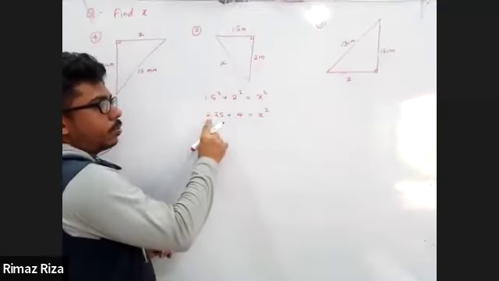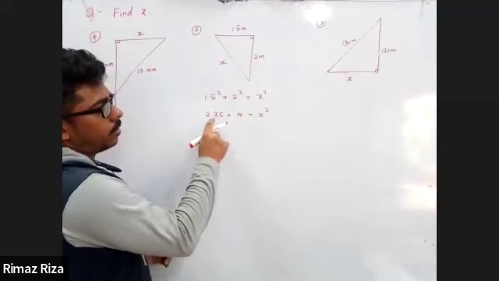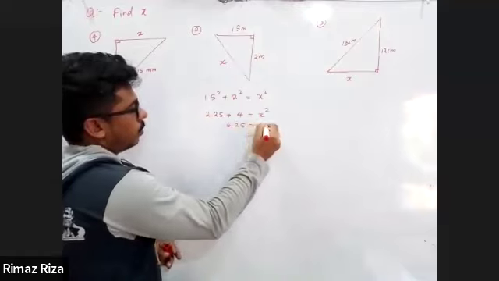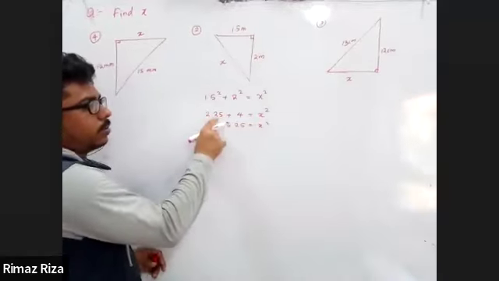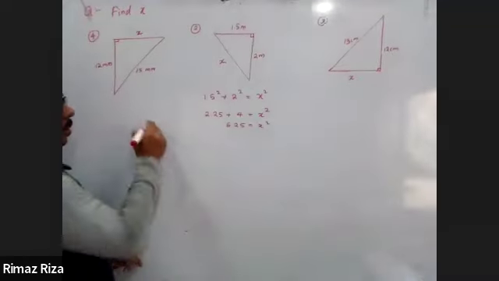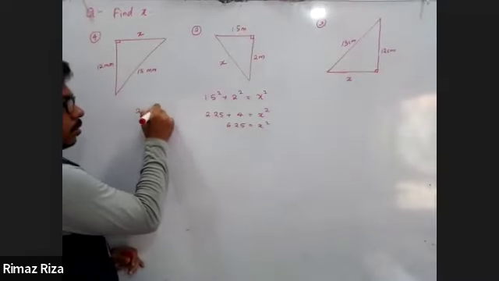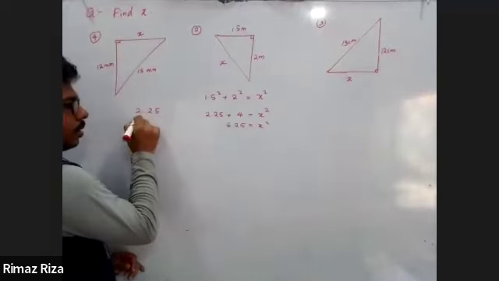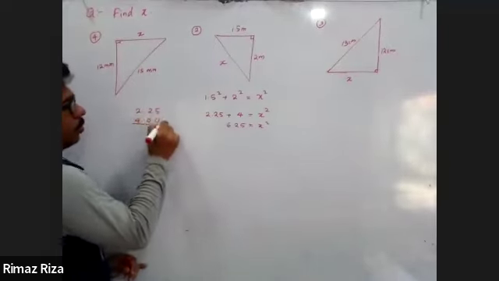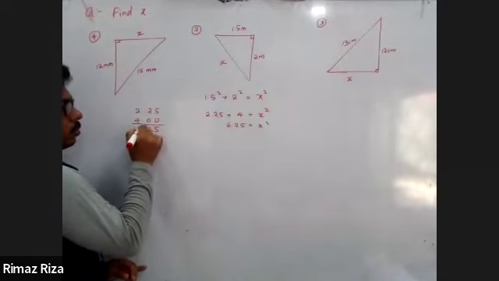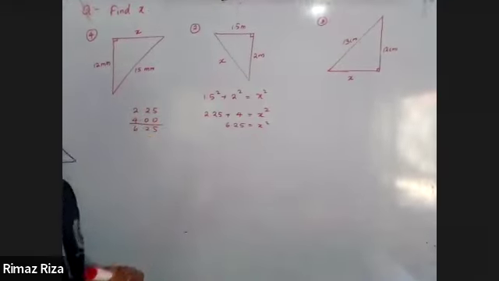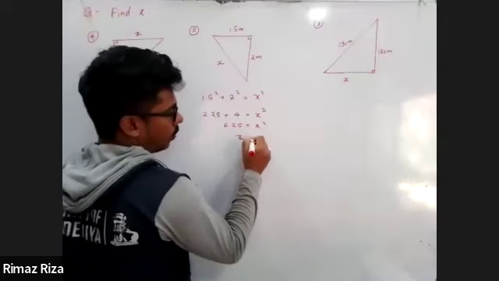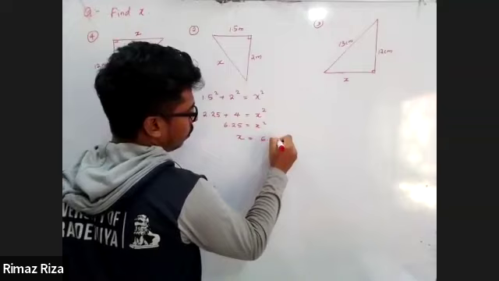So 2.25 and 4, we get 6.25 equals x squared. Because you're adding decimal numbers, to add decimals, the decimal point has to be aligned. So x equals square root of 6.25.